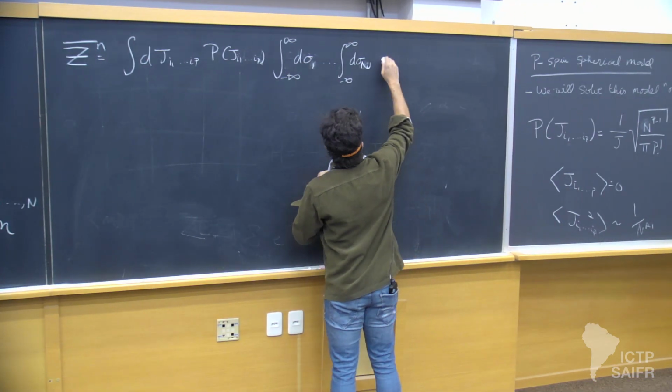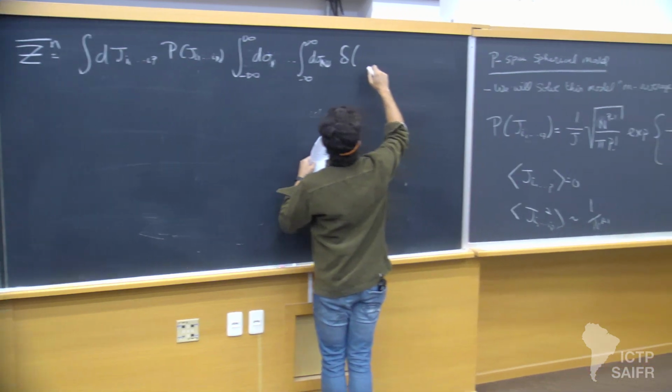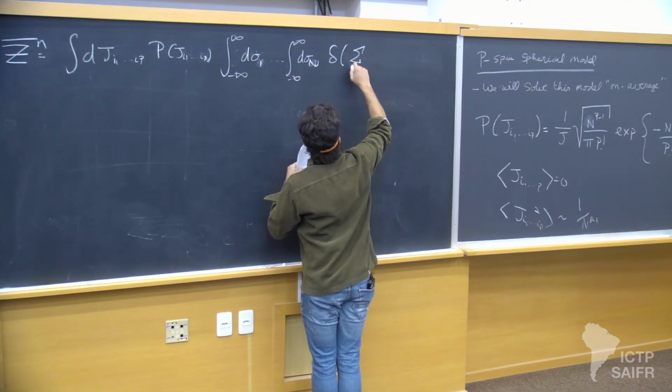I need to insert the delta function that fixes my constraint.